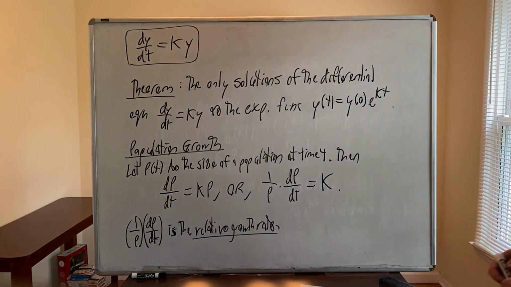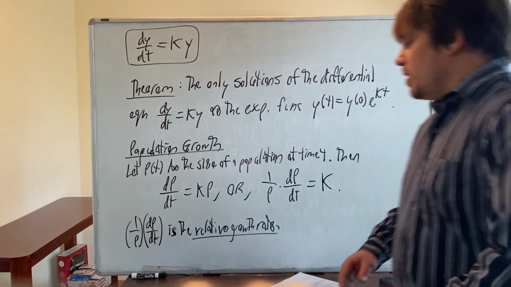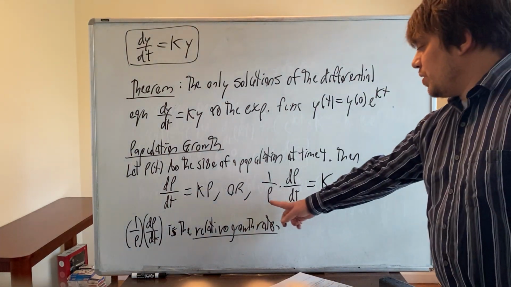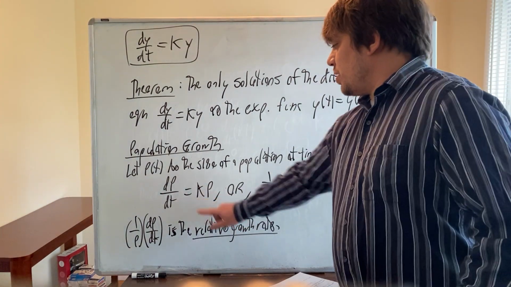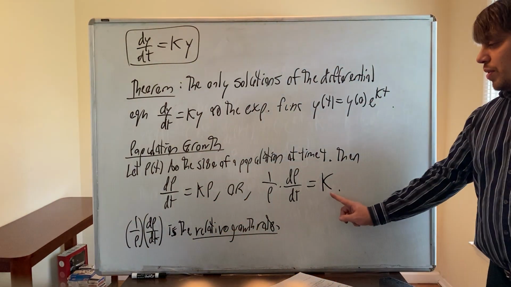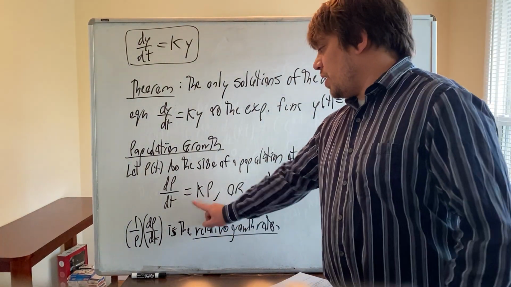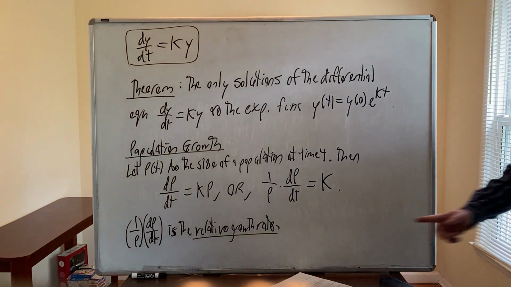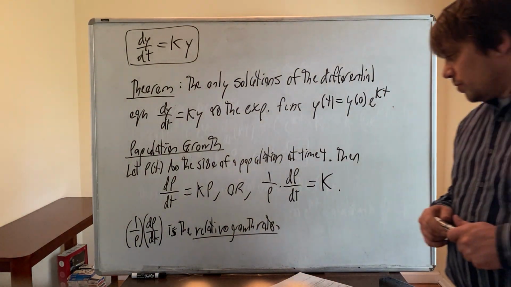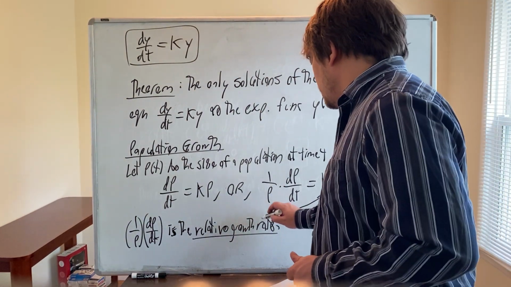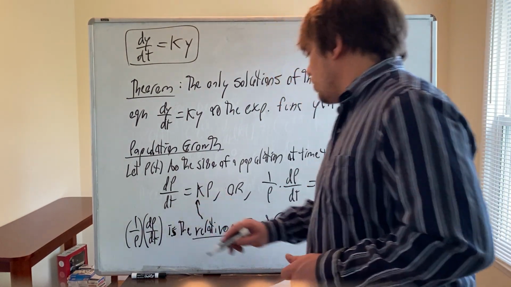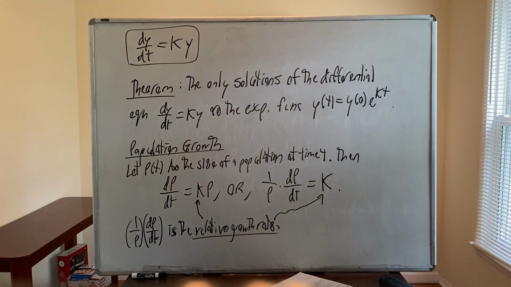So the name given to the quantity 1 over P times dP dt is the relative growth rate. If you see 1 over P times dP dt is equal to the constant k in this equation, the original equation, then k is the relative growth rate in either equation. So there's the relative growth rate, and here's the relative growth rate.